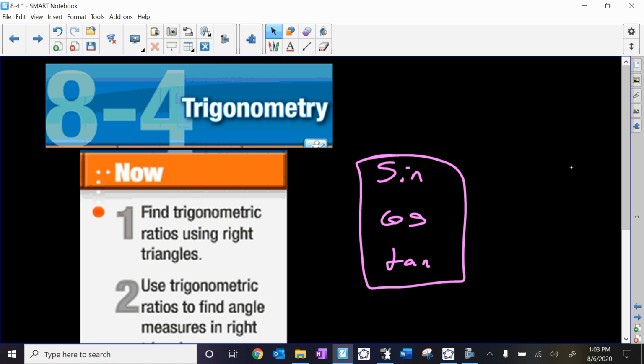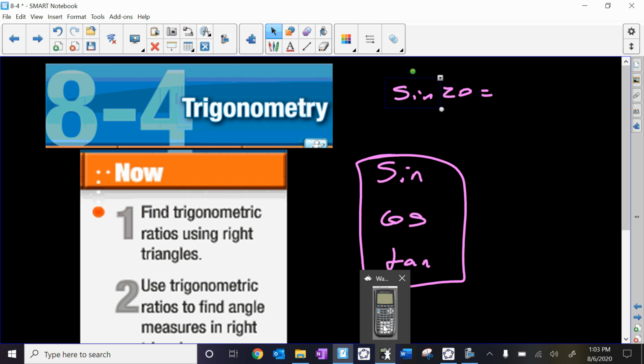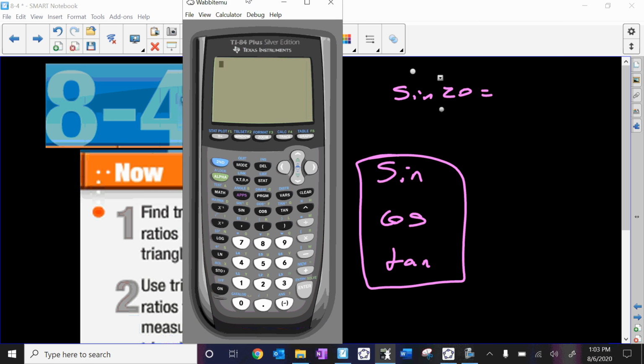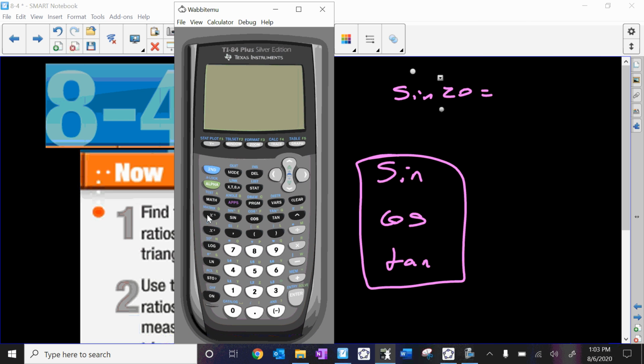And in order for this to work, we need to make sure that our calculators are in the correct mode. So what I want you to do on your calculator is to type in sine of 20, and you should come up with a decimal answer. I will do the same on my calculator, and if you don't get the same value, then we need to change the mode on your calculator.